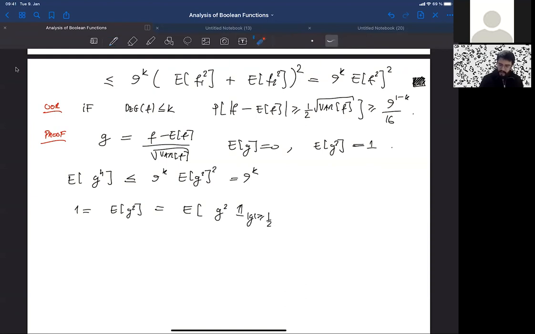So I want to extract the information when the probability of, this looks weird. I want to know the probability that G is greater or equal than a half. So to extract that information, we use this trick here.